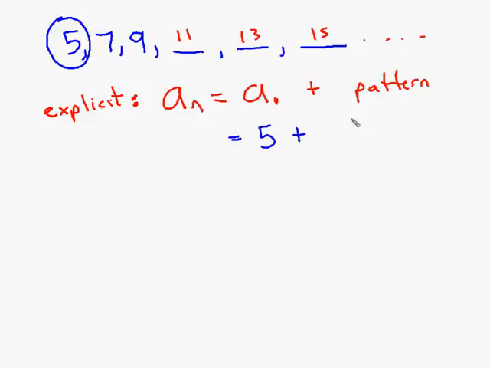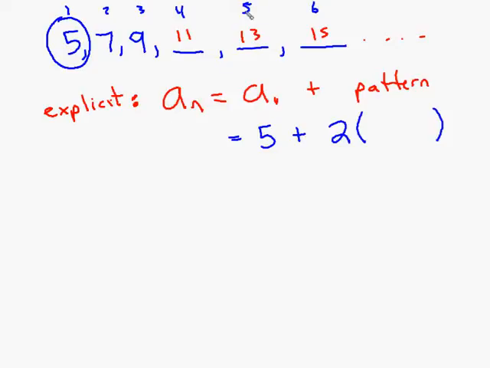Now I need to figure out my pattern here. It appears I'm doing what each time? Adding 2. I'm adding 2 each time. But if I wanted to say this term, which is what term? This is term 1, term 2, term 3, term 4. 13 is the 5th term, making 15 the 6th term.